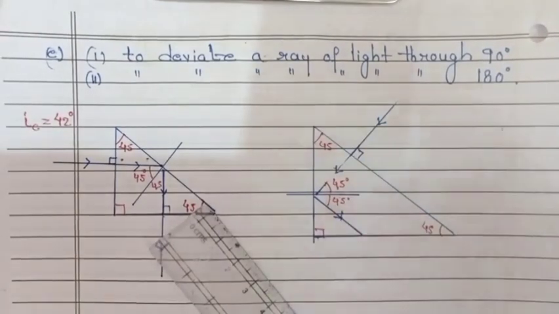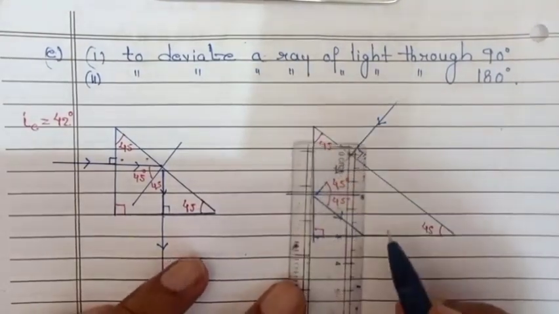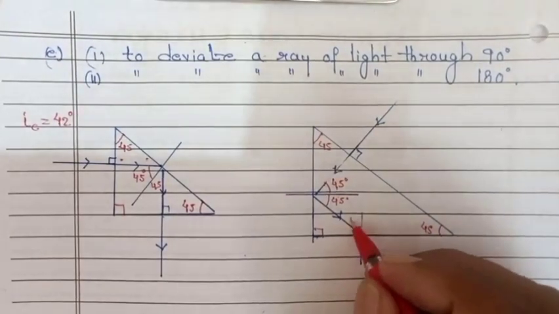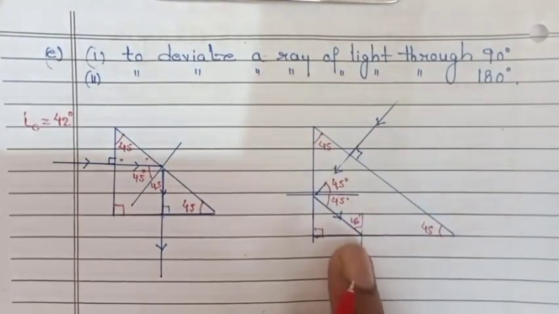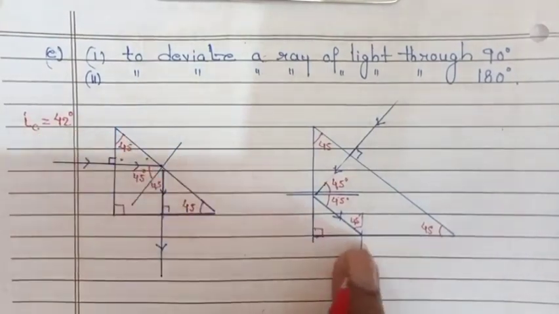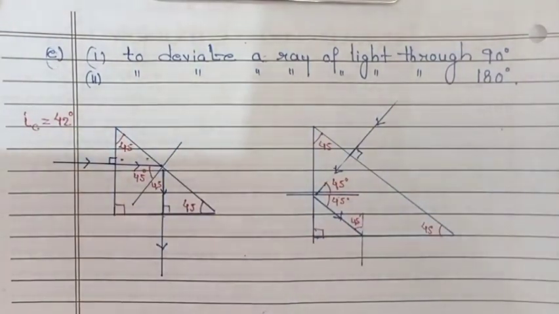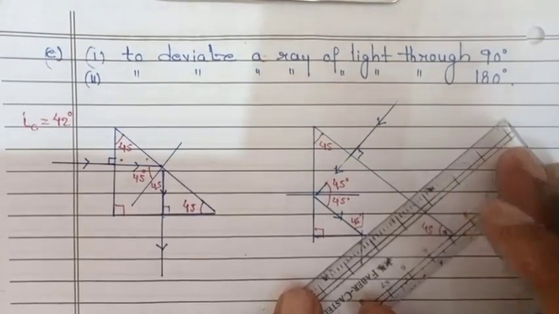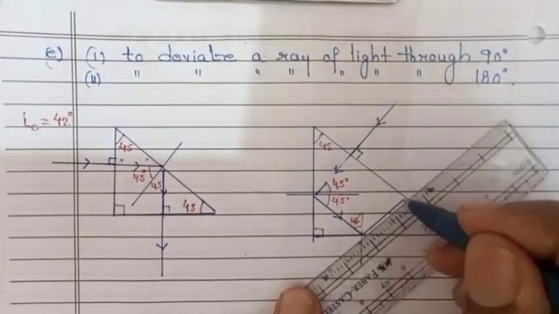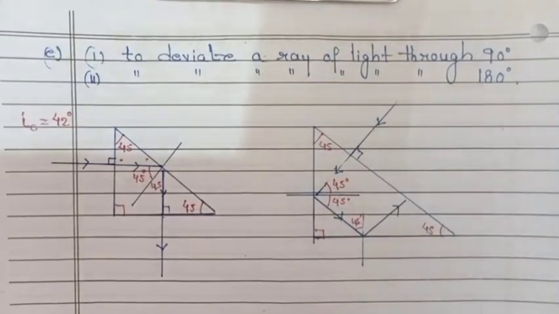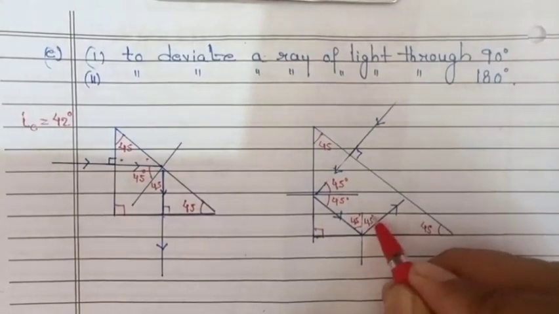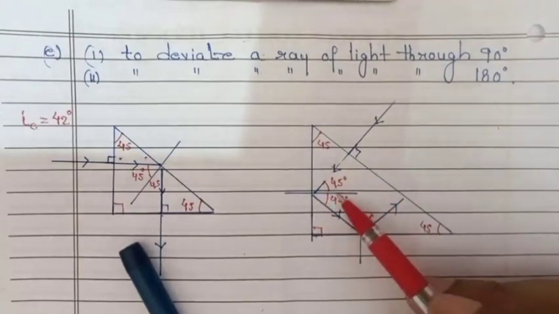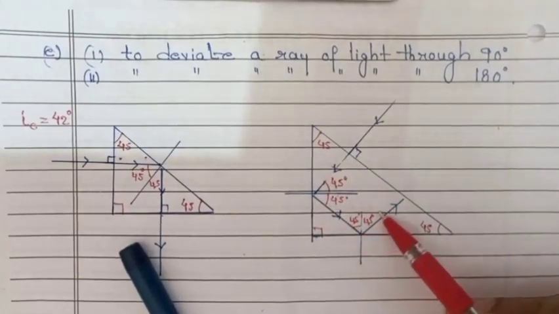Now when the ray strikes at this surface, you draw a normal and you will get angle of incidence 45. Again the angle of incidence is more than the critical angle. So what will happen? The ray will suffer total internal reflection here also, and this ray will be directed this side, making an angle of 45 degree here. So see, ray deviated at an angle of 90 degree here, then again at an angle of 90 degree here.